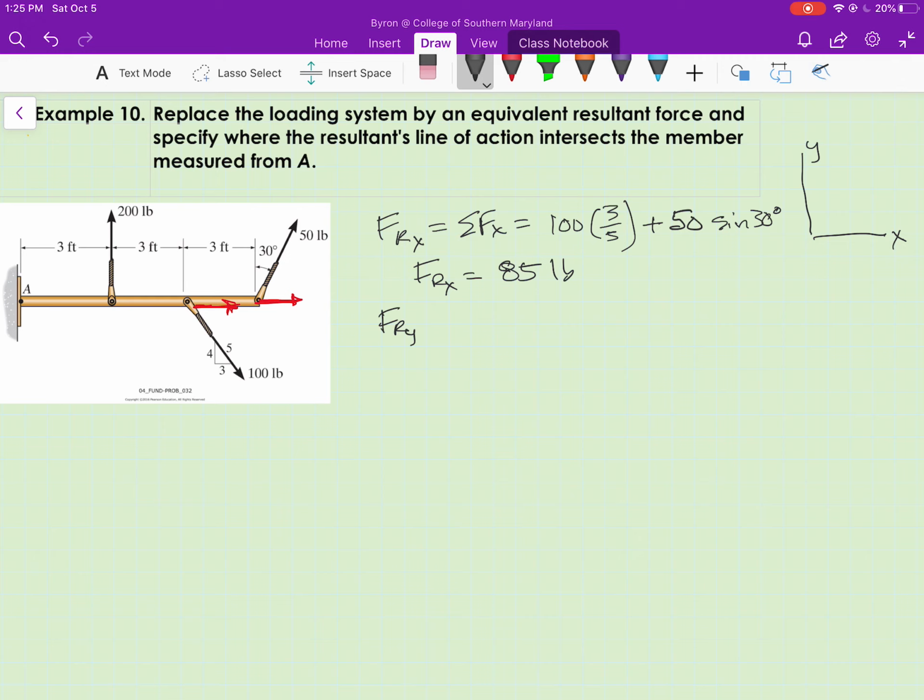F sub Ry can be found by summing the forces in the y direction. I have the 200 pounds. I have the y component of the 100-pound force acting downward, which has a magnitude of 100 times 4/5.